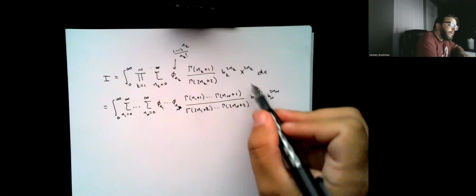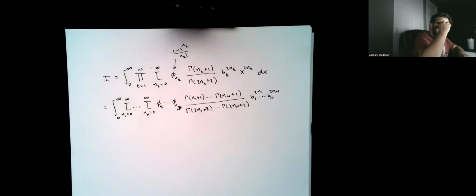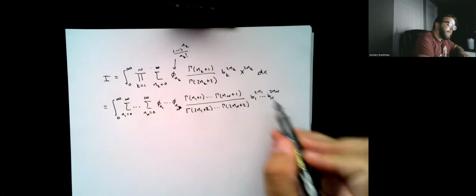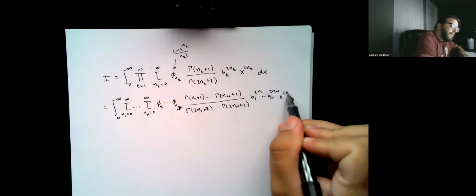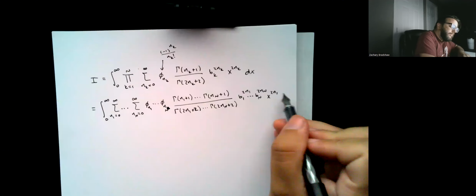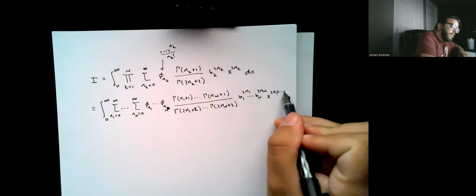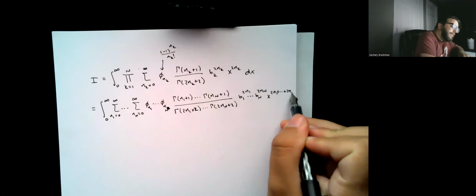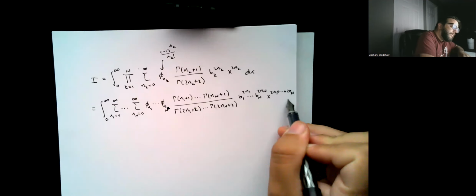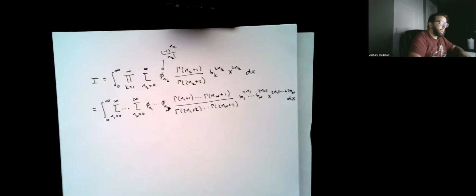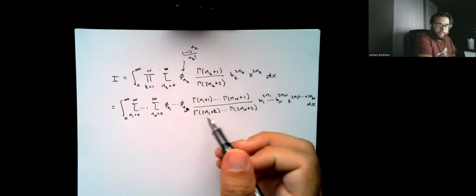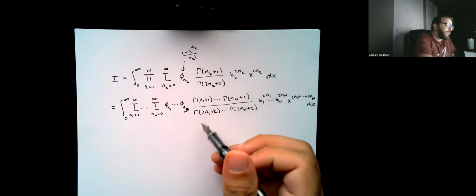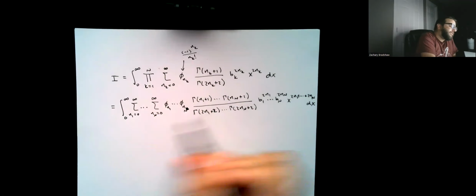And of course, we can combine all of the x's. The x is the same for each k. And so what we get is x to the 2n1 plus, we add up everything up to 2n capital N. Now, with the method of brackets, we always just ignore convergence at the start, and we can just move all the sums outside.